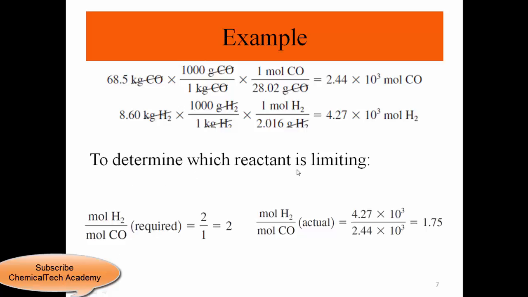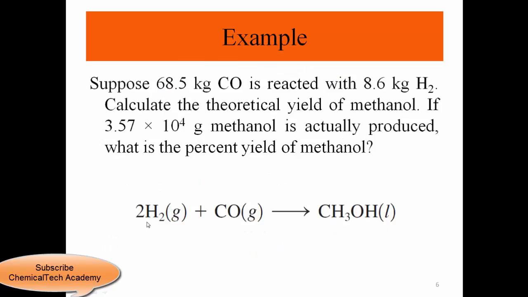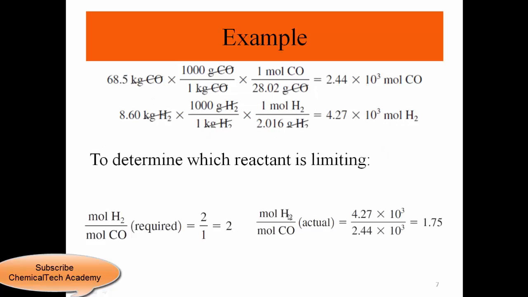To determine which reactant is limiting, we can again write the ratio, moles of hydrogen divided by moles of CO. It must be 2 to 1 based on our chemical reaction. In reality, the actual amount we calculated here is 4.27 times 10 to the power 3 divided by 2.44 times 10 to the power 3, which is 1.75.